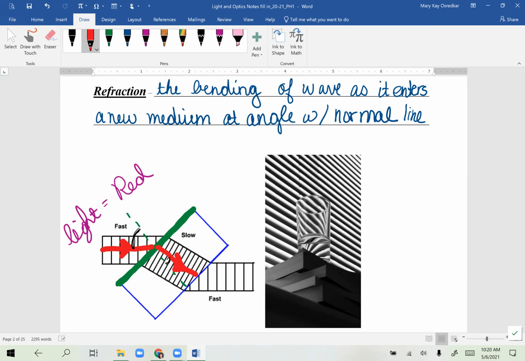Light we're going to represent as a ray, which is like a line with the arrow on it. The green dash is the normal line. Okay. All right. Now, that's all well and good in illustration.